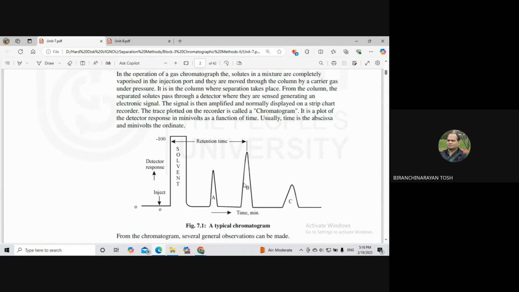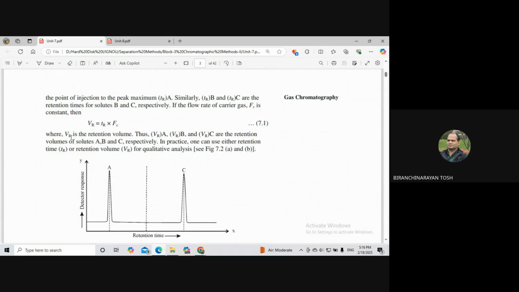So retention volume VR by definition will be equal to TR into FC, where VR is the retention volume and FC is a constant.